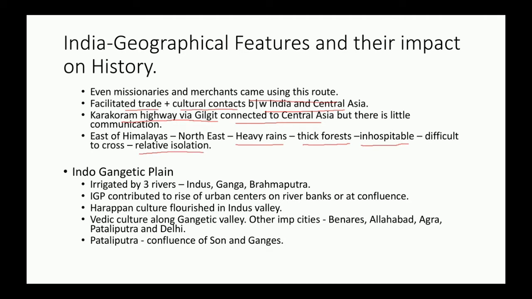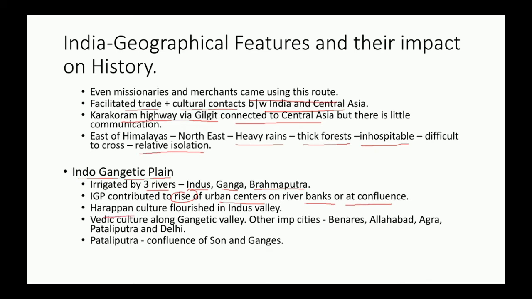Next we will move on to the next geographical feature, the Indo-Gangetic plain. It is a very vast, very fertile and also very productive plain. This plain is irrigated by three rivers: Indus, Ganga and Brahmaputra. The Indo-Gangetic plain contributed to the rise of urban centers on river banks or at their confluence.